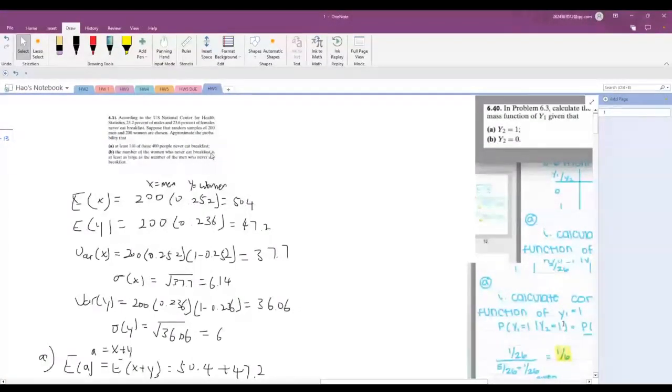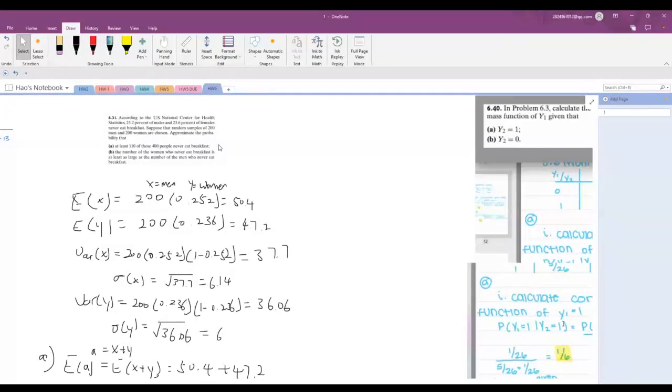I got question 31. According to the U.S. National Center for Health Statistics, 25.2% of males and 23.6% of females never eat breakfast. Suppose that a random sample of 200 men and 200 women are chosen.